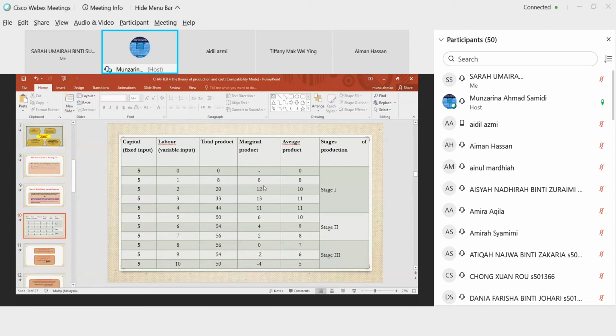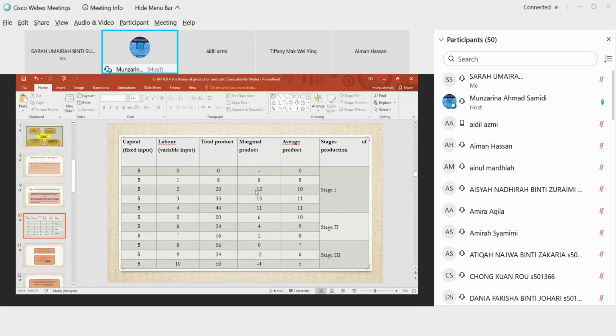But the marginal product, or the additional product, of the second labor is 12. That is 20 minus 8. So the second labor gives you 12 additional units of output.